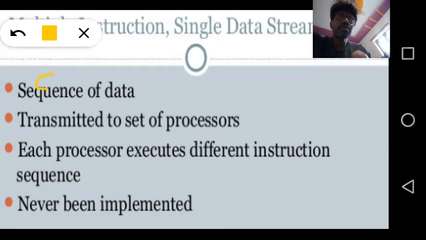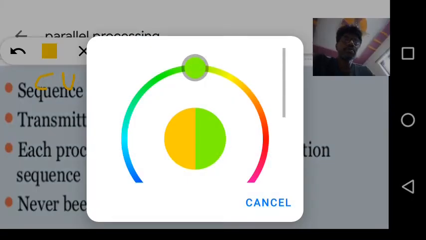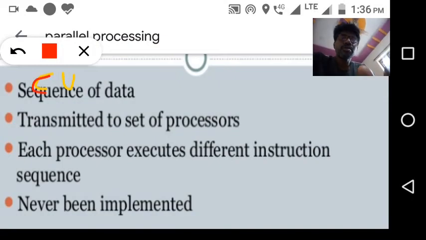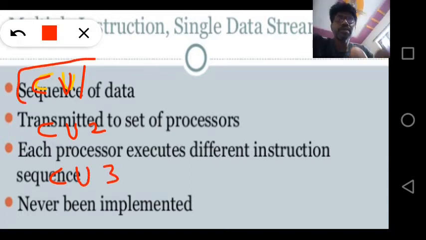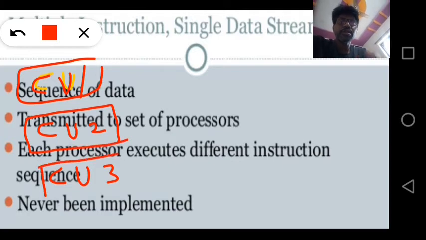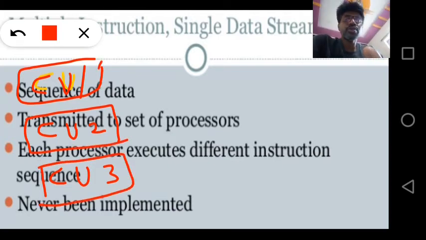Here I have control unit 1, control unit 2, control unit 3. Let's assume I have 3 boxes: control unit 1, control unit 2, and control unit 3.